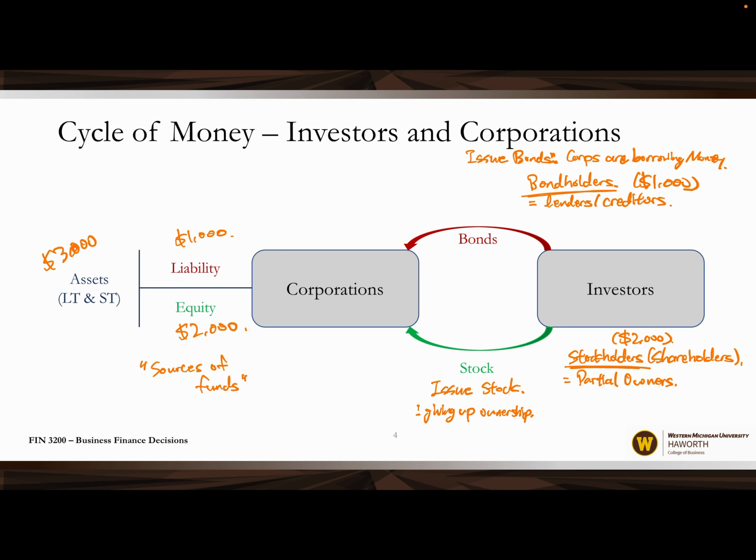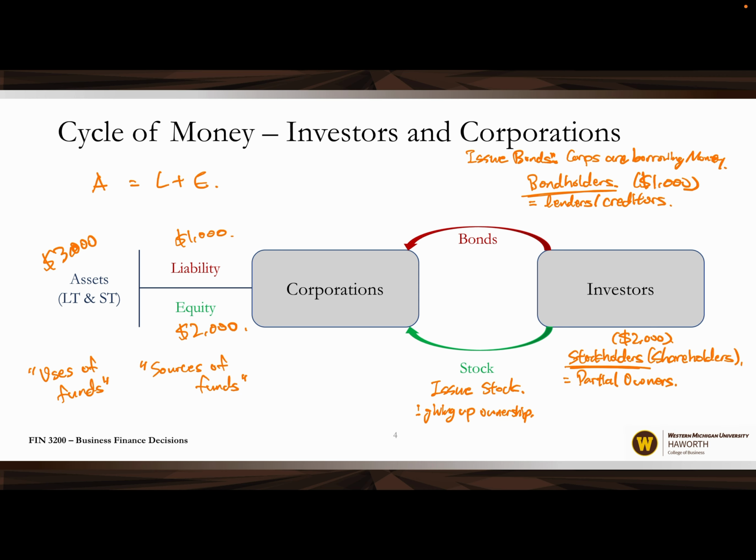Notice that this is just a review from your accounting. Assets equal liability plus equity, right? And the left-hand side is often called the uses of funds. So using the sources of funds, the $3,000 you got from bondholders and shareholders, the company is going to use those funds to purchase these assets to do its operations.